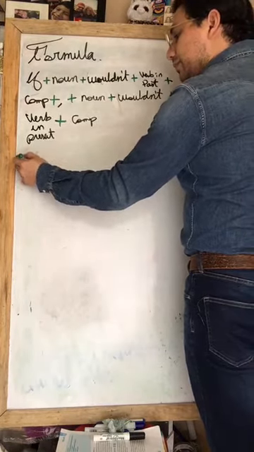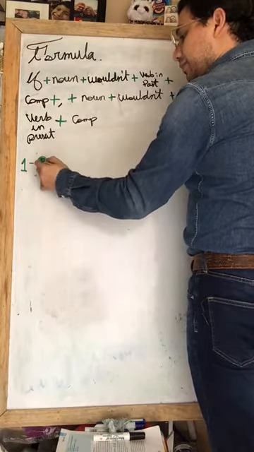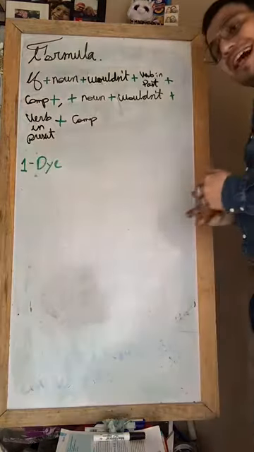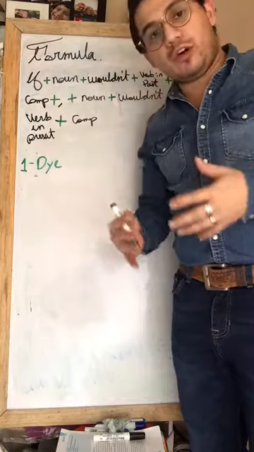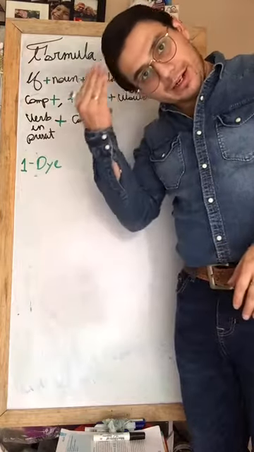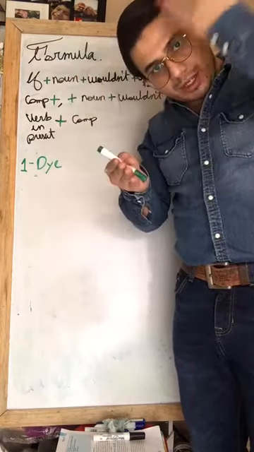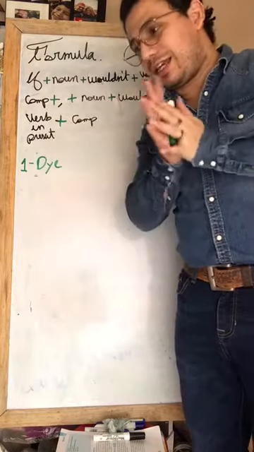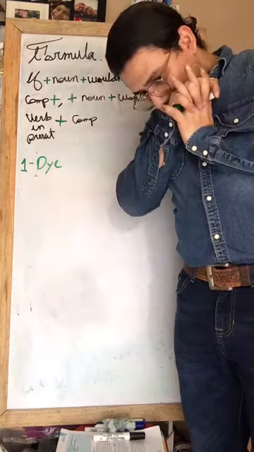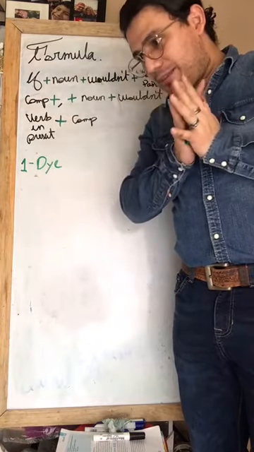Die. Not die of death, not die of the lack of life. Dye of coloring something. I can dye my hair with hair coloring and make it purple. I can dye my shirt.